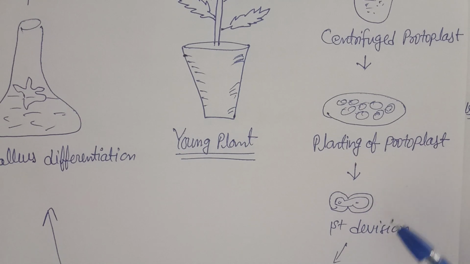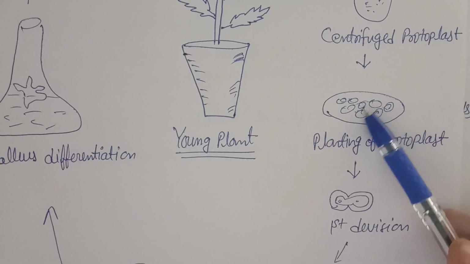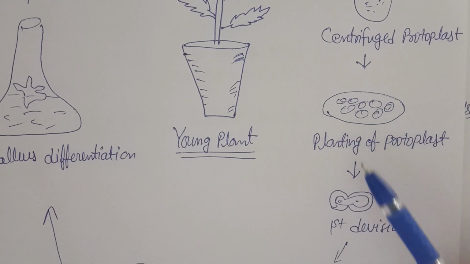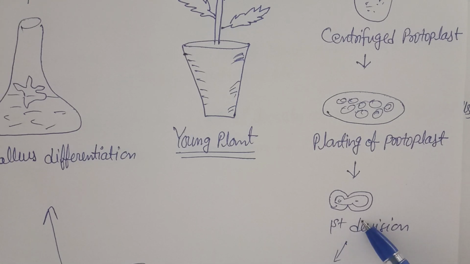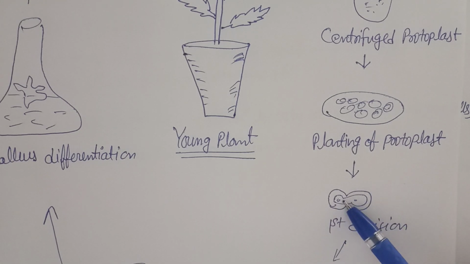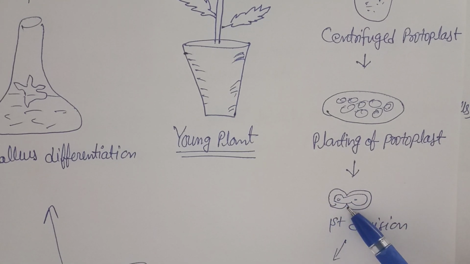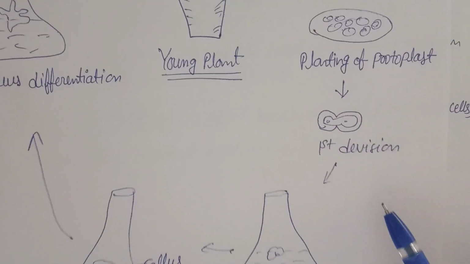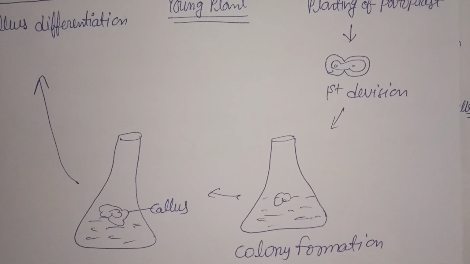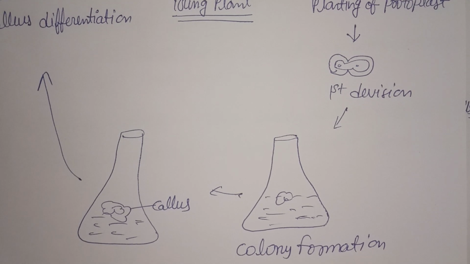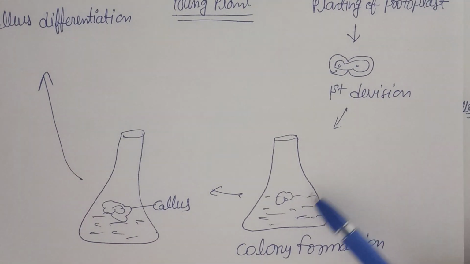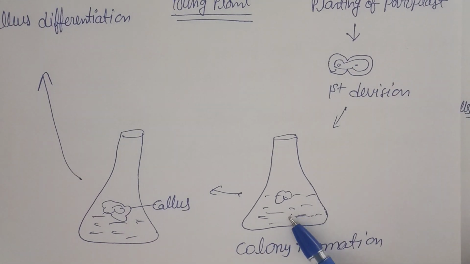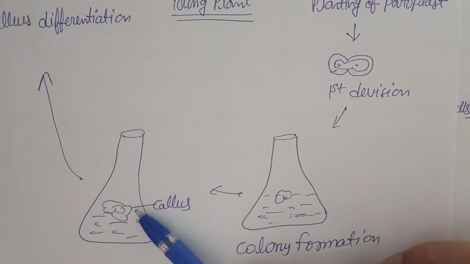When you plant with a suitable nutrient medium and plant growth regulators, they will start division. The first division is going to take place like this. The protoplast cell is going to divide just like mitosis, right? Then we are going to have the colony formation. After the first division, if it is taken into a suitable nutrient medium, the colony formation will start. The protoplast starts dividing, then it is going to form the callus.